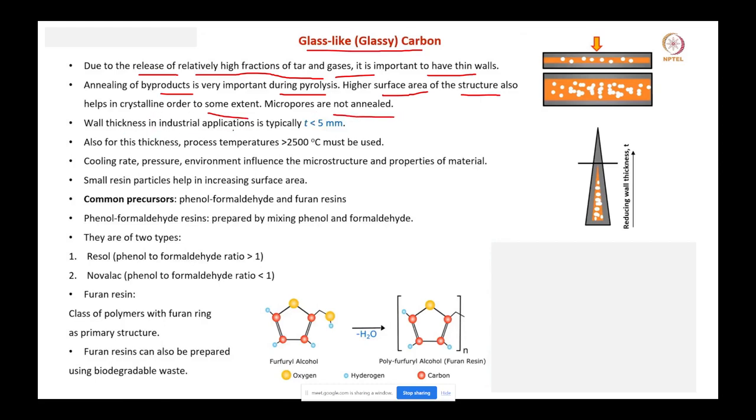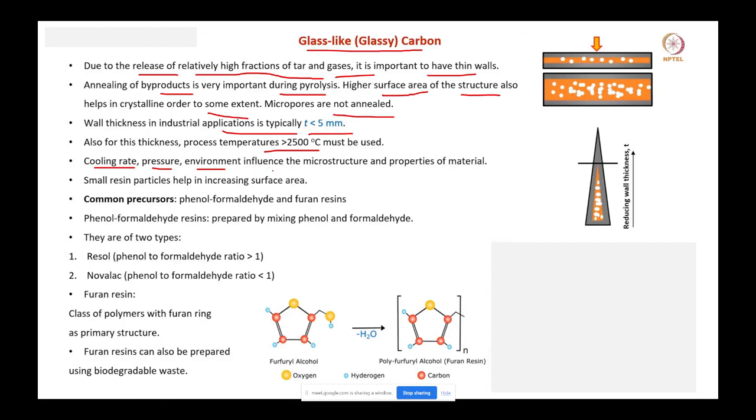Wall thickness in an industrial application is typically less than 5 mm. For this thickness, a process temperature of more than 2500 must be used. Cooling rate is very important. Also the pressure you are using during your process, and the environment, meaning what gases you are using, whether you are working in a vacuum or in some inert atmosphere.